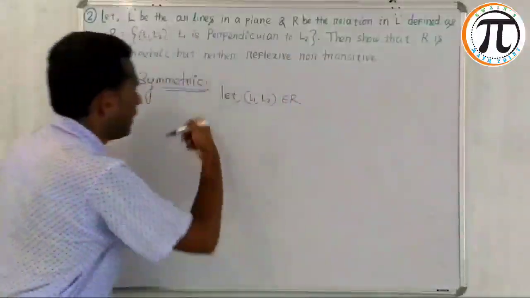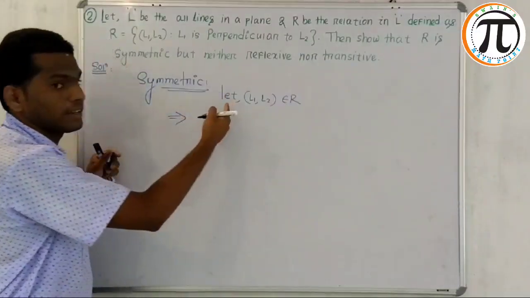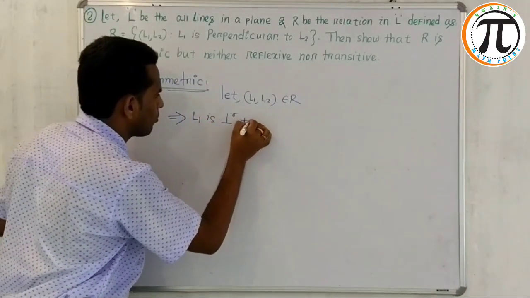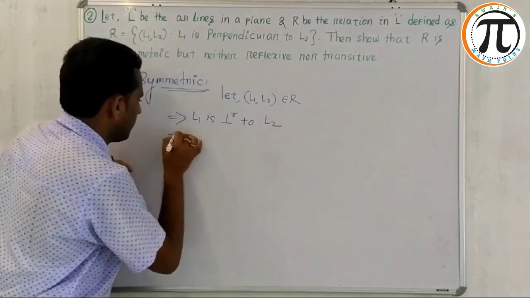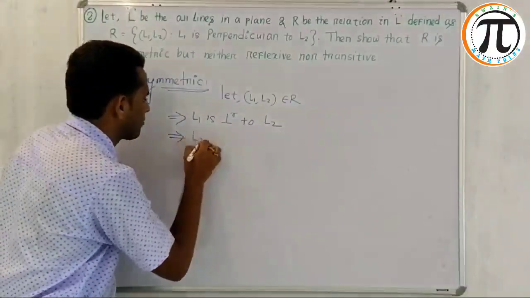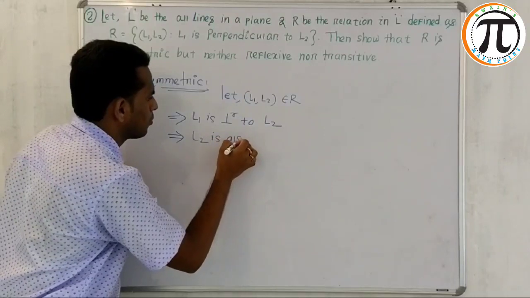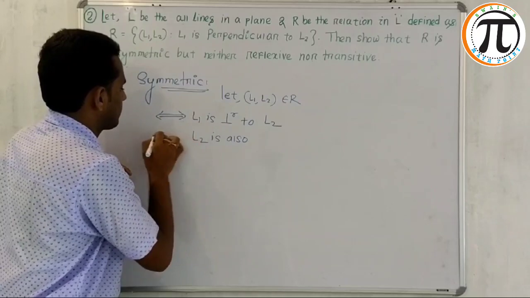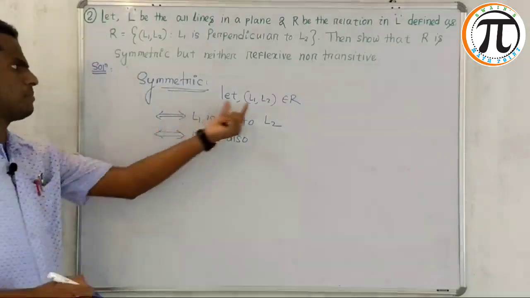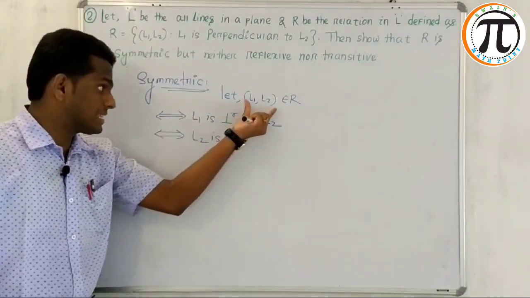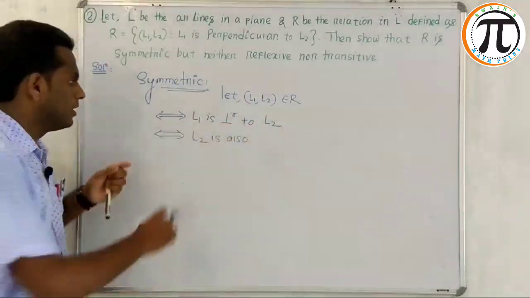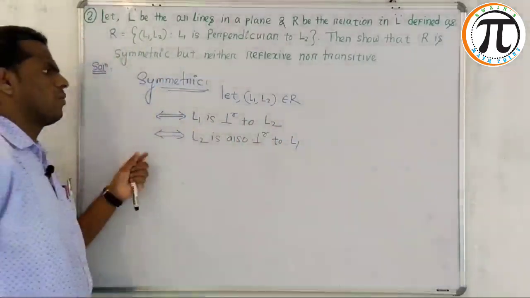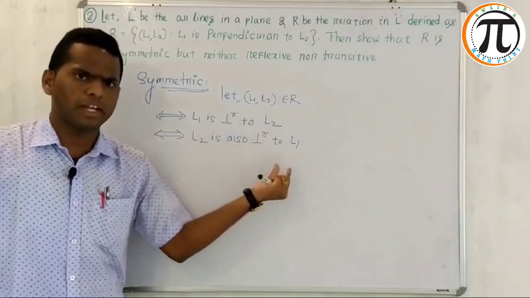So let (L1, L2) belong to R. This means L1 is perpendicular to L2. Also we can write L2 is also perpendicular to L1, using this symbol. This meaning is similar to that meaning. If L1 is perpendicular to L2, L2 is also perpendicular to L1.